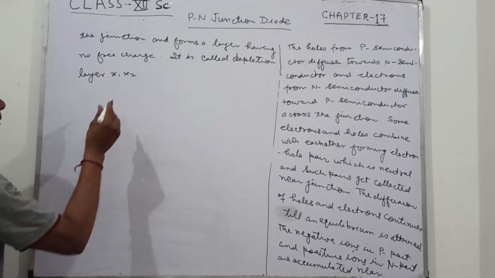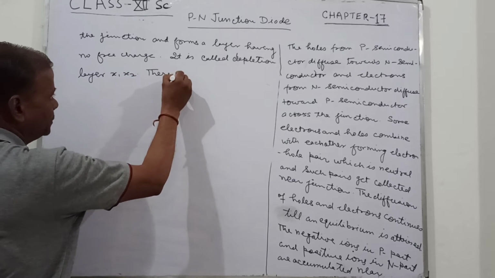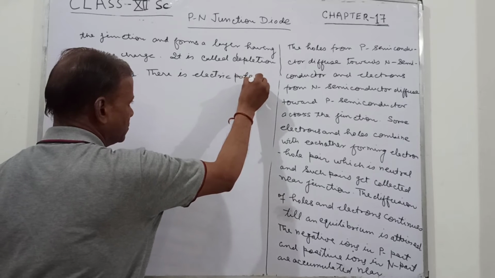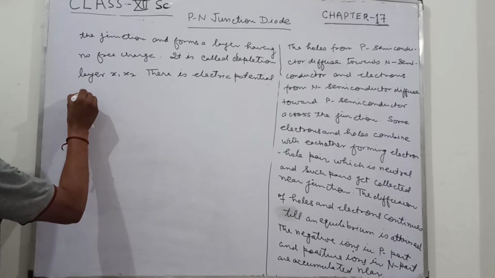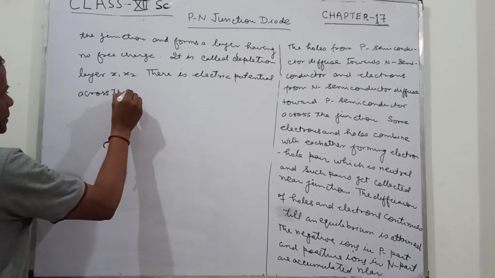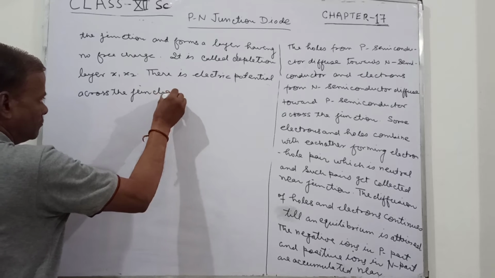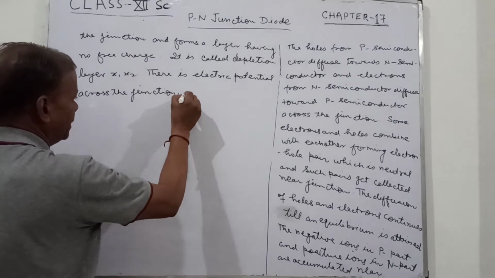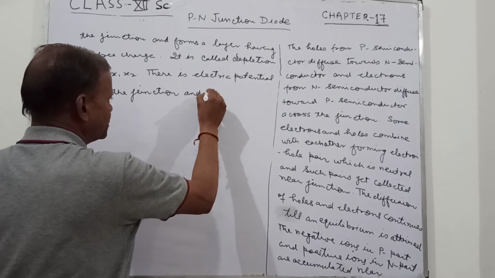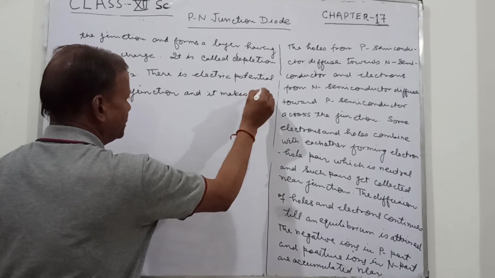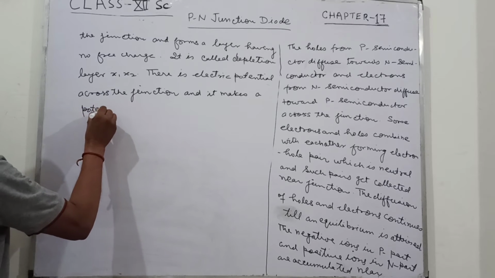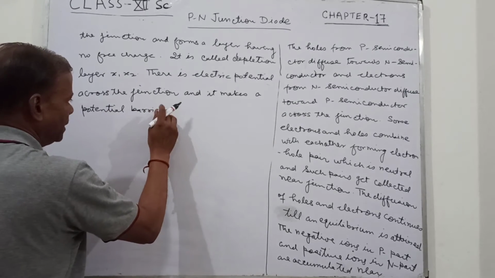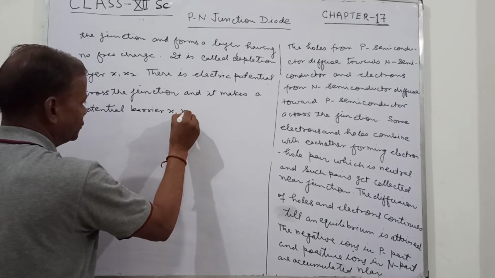There is an electric potential across the junction, and it makes a potential barrier. Potential barrier X1, X2.